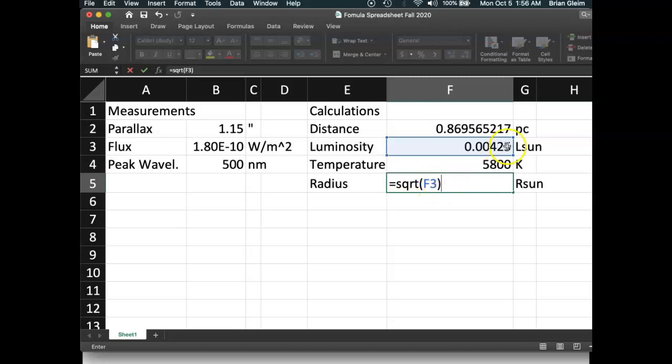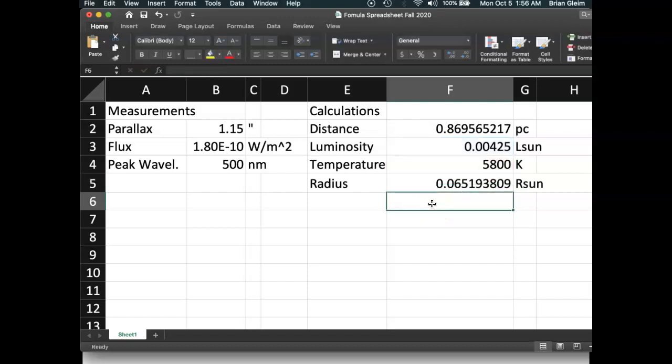So I take the square root of luminosity in solar luminosities, which is the way I want it, divided by the temperature over 5800, squared. This should give me the radius of this star in solar radii.